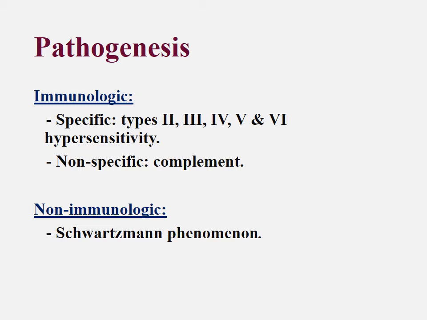Complement, as you all know, may be activated through the classic pathway with antigen-antibody reactions, type 3 hypersensitivity, or may be activated through the alternate pathway with bacterial and fungal byproducts. So starting from complement 3 downwards. Complement 3 and complement 5, when activated, are chemoattractant to basophils and neutrophils, and they stimulate the release of enzymes. And complement 5 through 9 will lead to membrane attack complex.